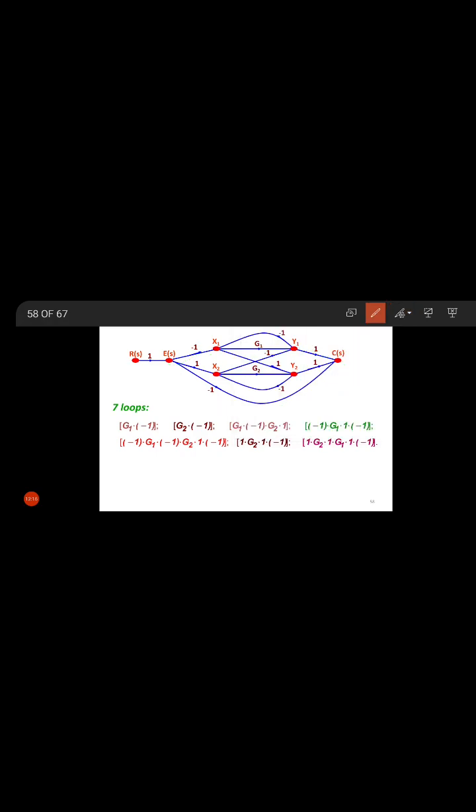And fifth loop is minus 1, G1. Okay, see, minus 1, then G2, then 1, then minus 1. This is fifth one. And sixth one is 1, G2, then 1, then minus 1.